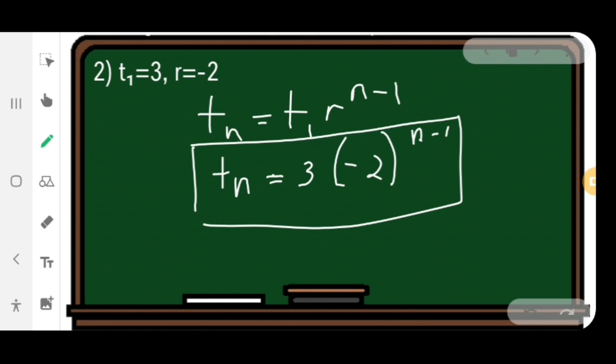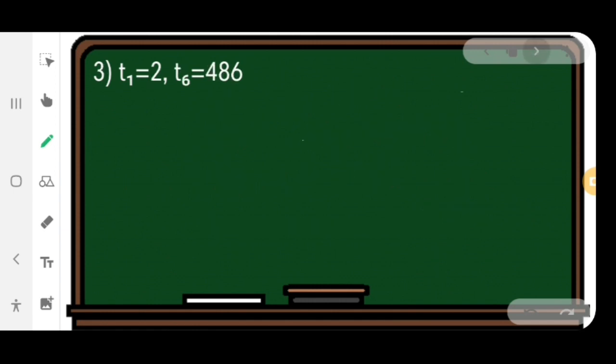Now let us go to the third and last example. We are given the first term, which is 2, and the sixth term, which is 486. Now let us compute for the common ratio using the formula that I have given you last week. That is r is equal to the n minus 1 root of t sub n over t sub 1.